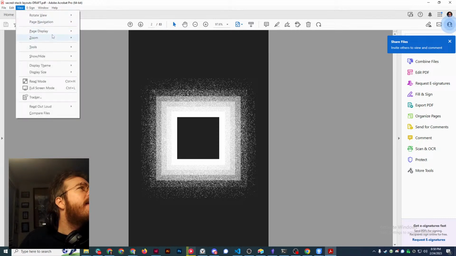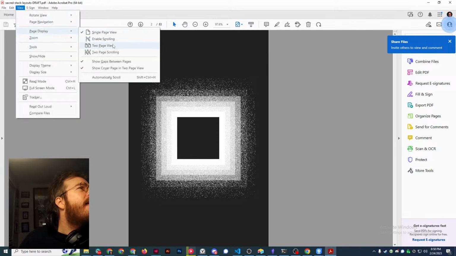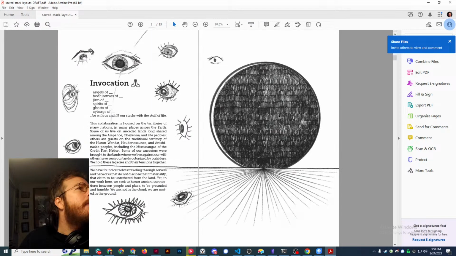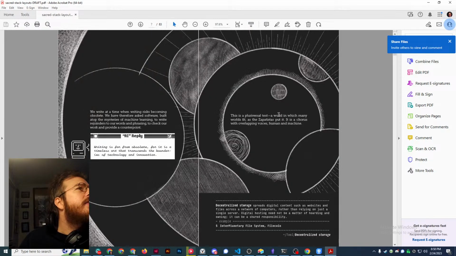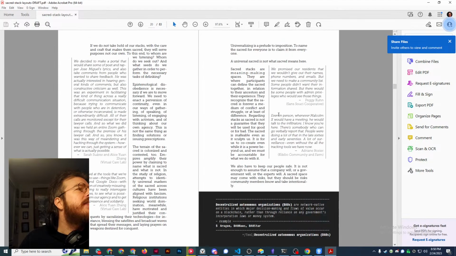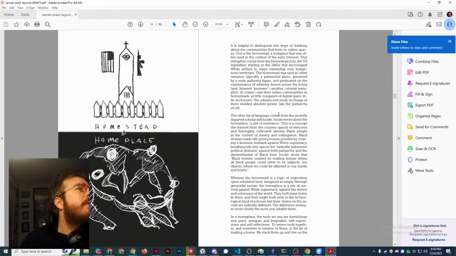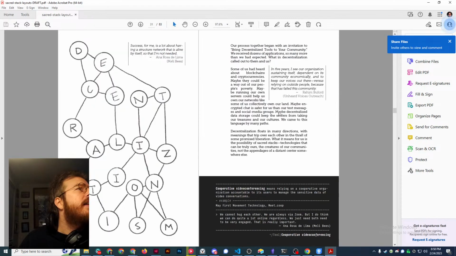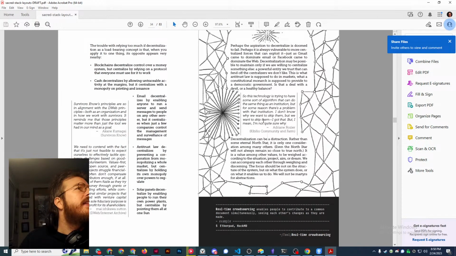View. 2-page. There we go. Looking good. These are all just sketches, so none of these are final products. Everything on here is just a sketch. Maybe this is good enough. I love this one. There we go. Yeah, that looks great.